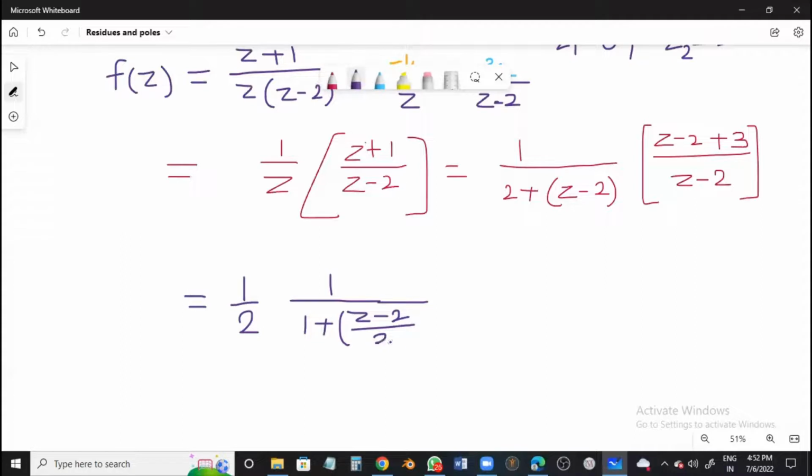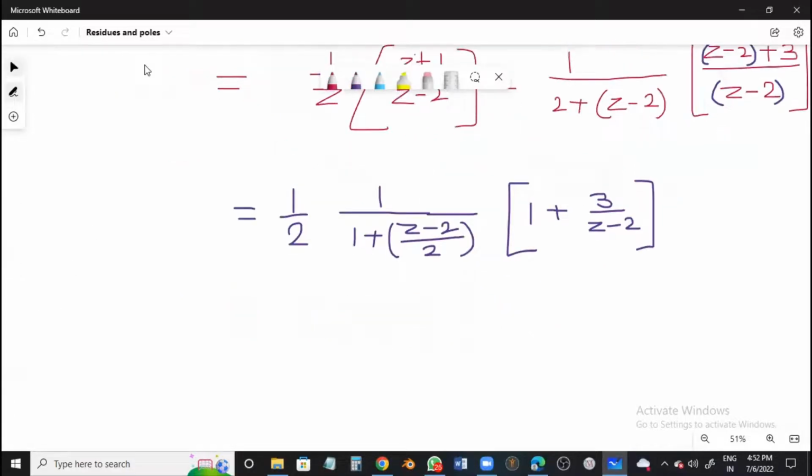And multiplied by this Z plus 2, let me bracket it so that I can use it. Z minus 2 upon Z minus 2 is going to give 1 plus this will be 3 upon Z minus 2. Followed? Are you getting my point? Yes, ma'am. Okay, what next to do? So half as it is. You can expand this particular term.